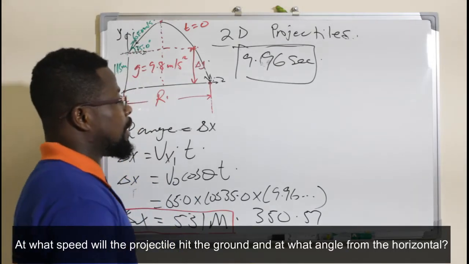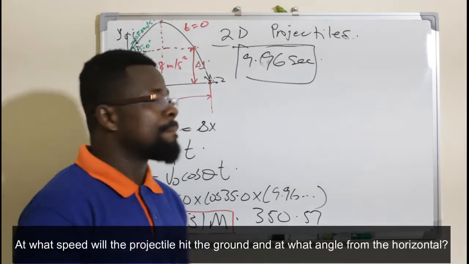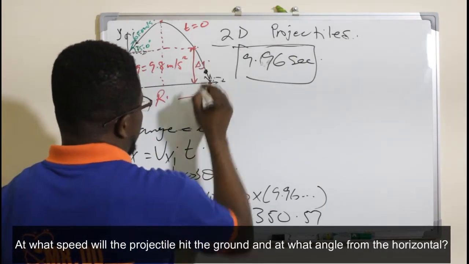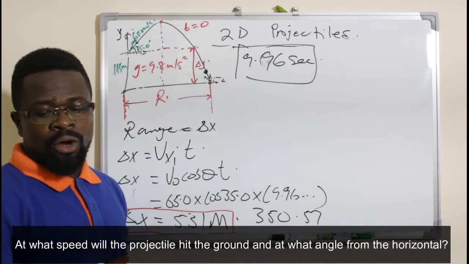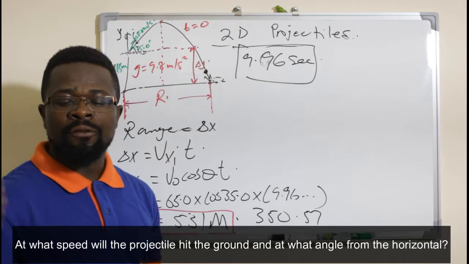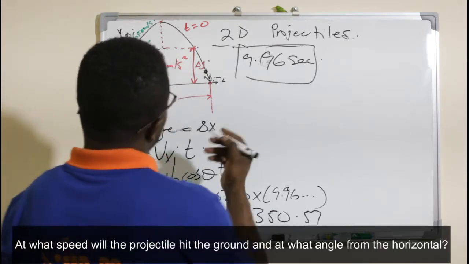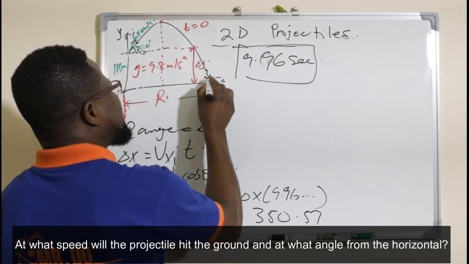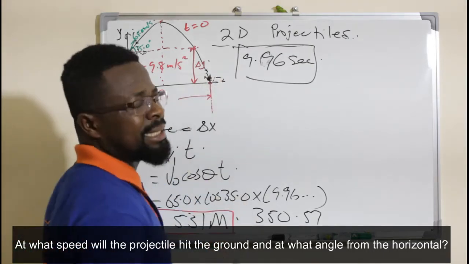What I need to do is that first, remember here, we are talking about the velocity at this point, okay? Because the question says, at what speed will the projectile hit the ground, and at what angle from the horizontal? So if I'm looking for that, we are looking for just the velocity just before it hits the ground.